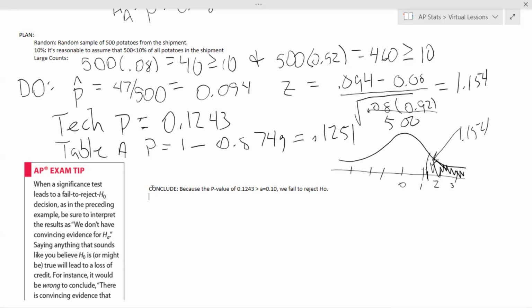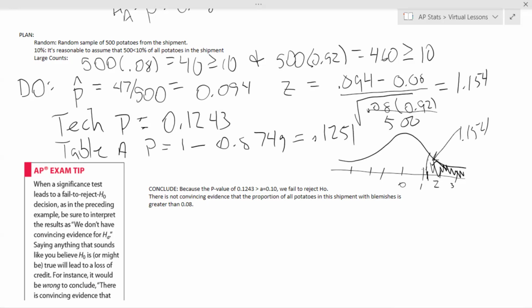That's the first sentence. Remember, you've got to do a two-sentence structure. There is not convincing evidence that the proportion of all potatoes in this shipment with blemishes is greater than 0.08.